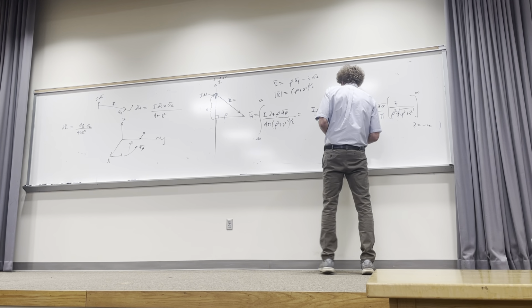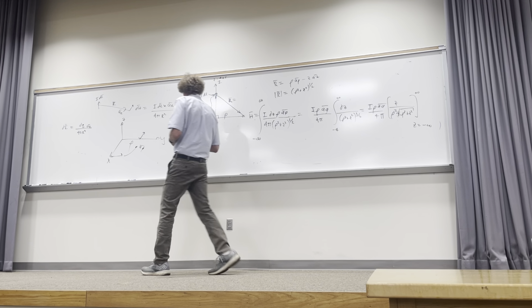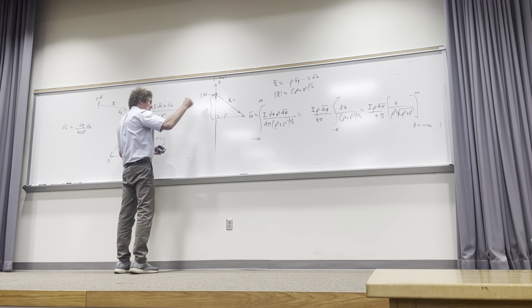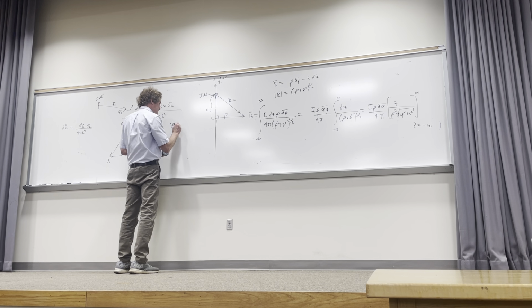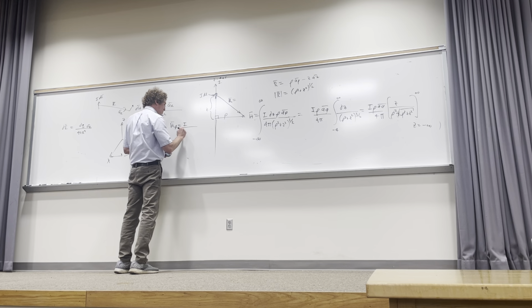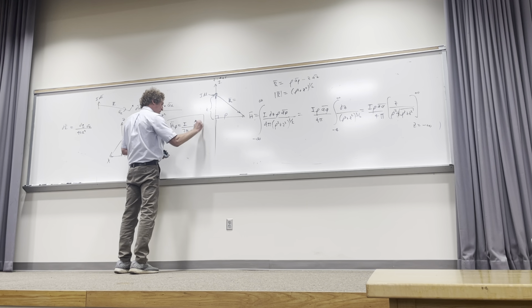This whole thing will come down to be, and this is the one thing you take from it, for an infinite line, if you're out a distance rho, the actual H field in the phi direction with respect to this axis will be equal to I over 2 pi rho in the a phi direction.